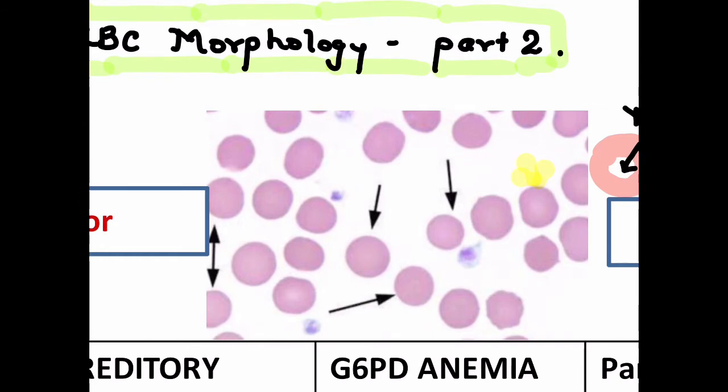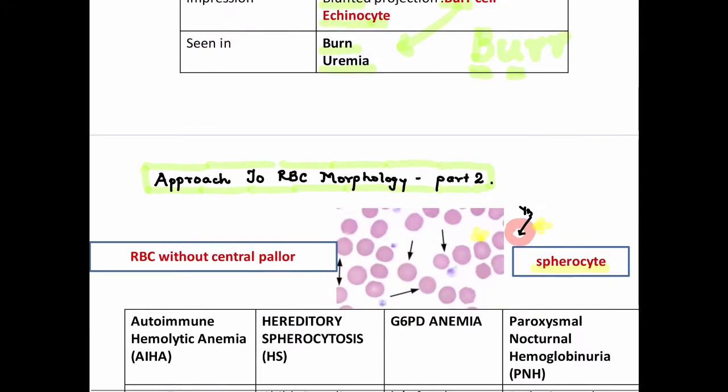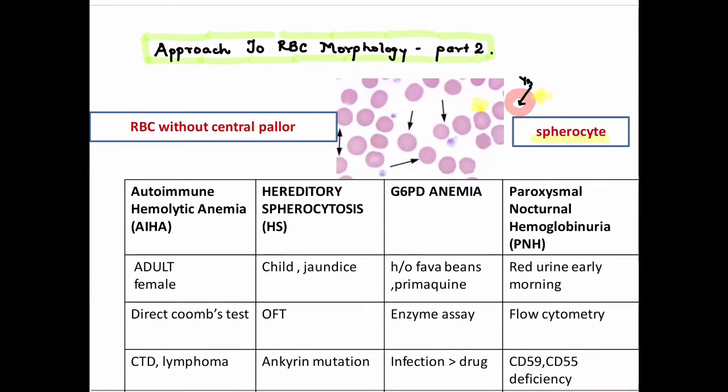So friends, remember that there are various differential diagnoses, and most importantly four differential diagnoses of this situation. First is autoimmune hemolytic anemia, second is hereditary spherocytosis, third is G6PD anemia, and fourth is PNH.